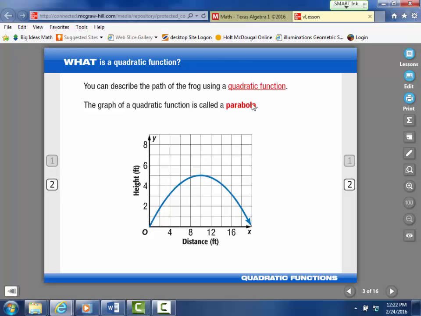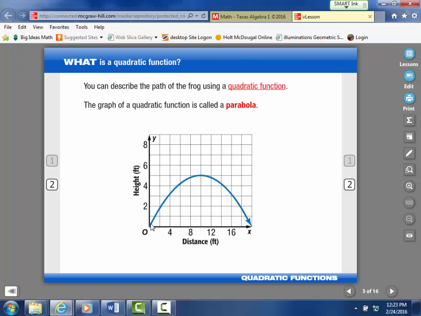All right, and the graph of a quadratic function is called a parabola. What we can see here is this U shape. It's what we call a smooth curve. This is where some of us have had discussions earlier in the year when you would say a straight line, and I said by definition a line is straight.